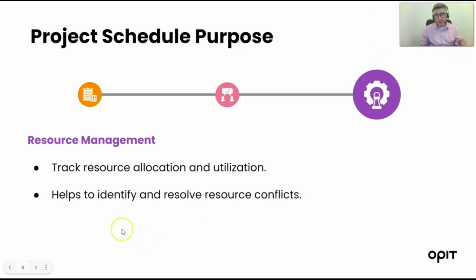It also helps us to identify and resolve resource conflicts. So having the resources assigned to tasks on a schedule, we'll know exactly who is going to work on what and when, and we are able to identify if we have conflicts among resources. So if we need more resources, if we need to split, if we need to change the schedule sequence in order to deal with some resource constraints that we might have.